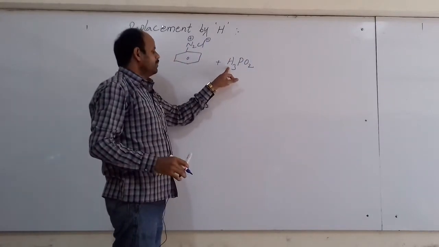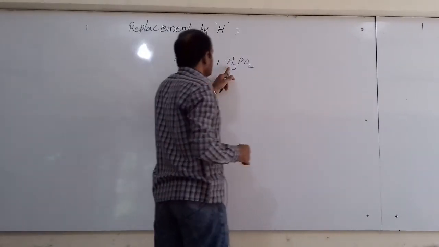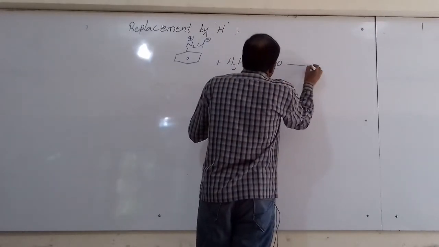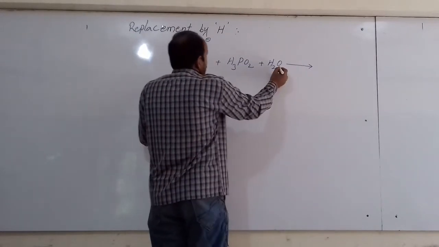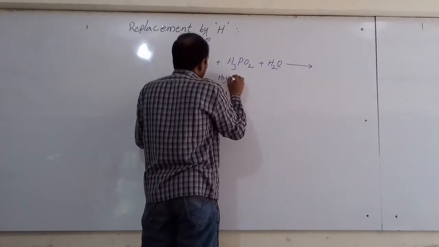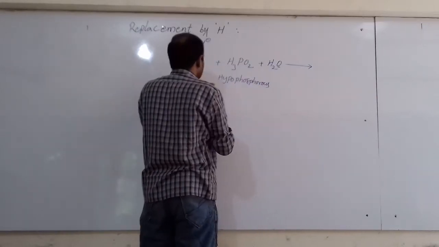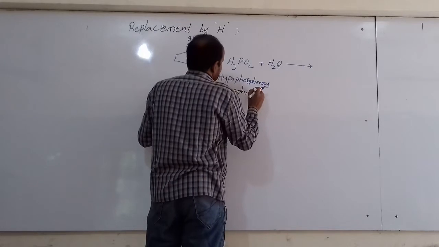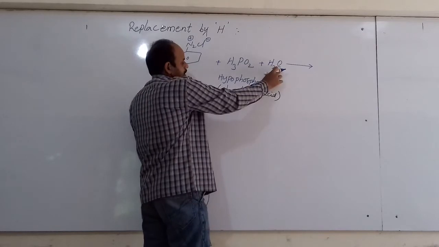H3PO2 is hypophosphorous acid. Or it is also called phosphonic acid. In aqueous medium, this hypophosphorous acid is combined with oxygen. What is this? This is the hypophosphorous acid, or another name is phosphonic acid.